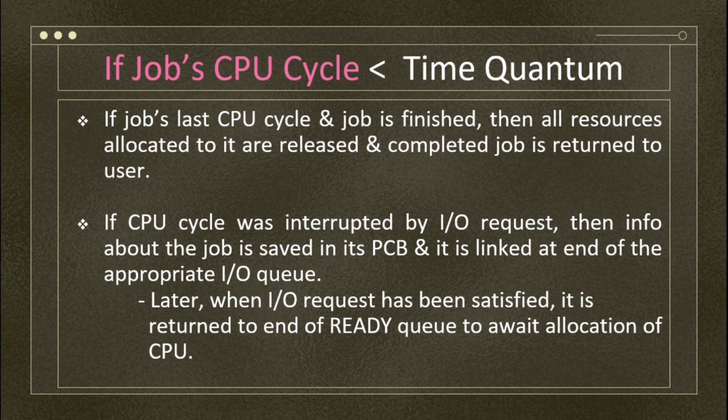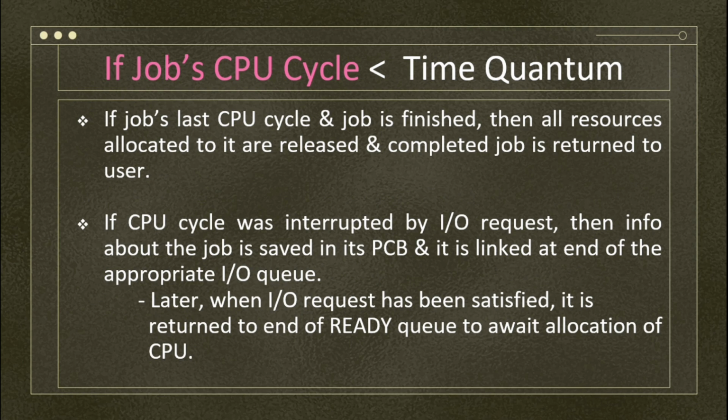If CPU cycle was interrupted by input-output request, then info about the job is saved in its PCB and it is linked at the end of the appropriate input-output queue. Later, when input-output request has been satisfied, it is returned to end of ready queue to wait allocation of CPU.